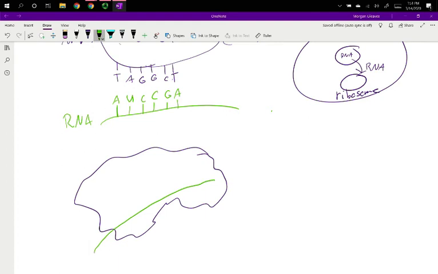And so we will have A, U, C, C, G, A. There we go. So our strand drifts in. Notice I flipped it over, and what will happen is it will just hold it in place.